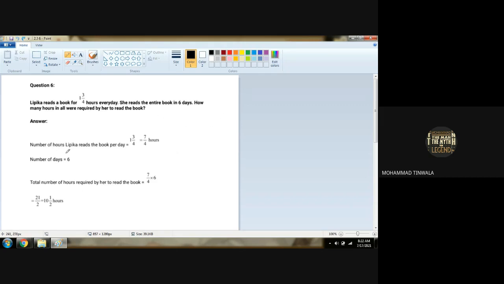Number of hours Deepika read the book per day is one integer 3 upon 4. Now this has to be converted to a simple fraction. 4 will be multiplied with 1 and added to the numerator, upon the denominator as it is. So 4 ones are 4 plus 3, 7 upon 4 hours. Can I say 7 upon 4 hours is here?